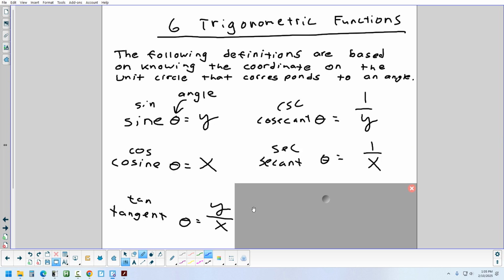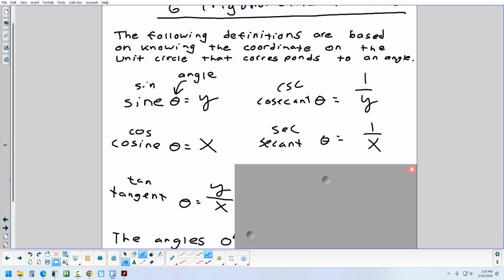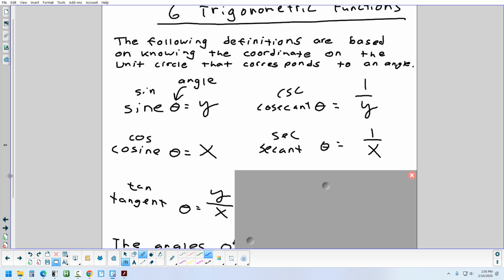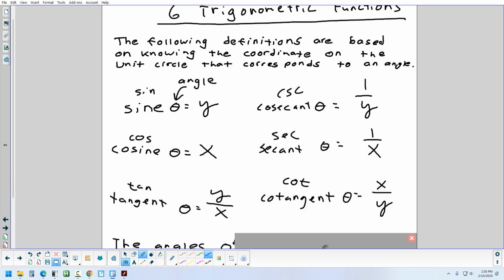And there's one more. Anybody know the last one on the right side? It's a co-function, meaning it's one of the functions you already have, but it has co in front of it. Cotangent. Yep, good.